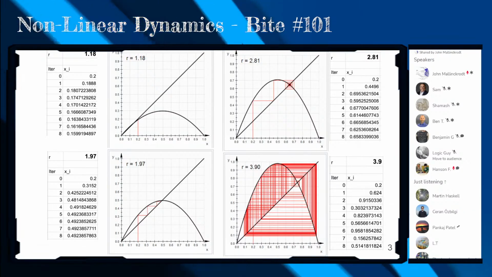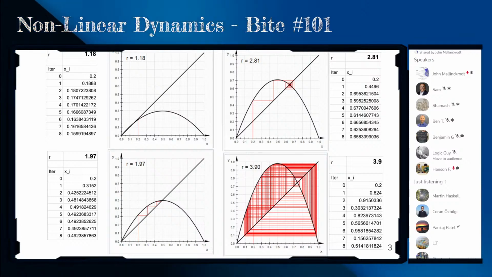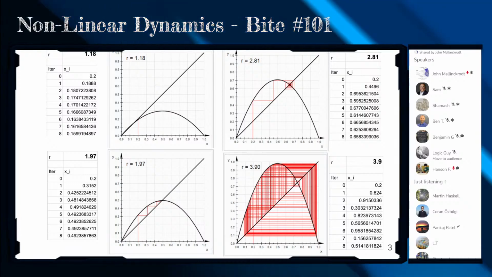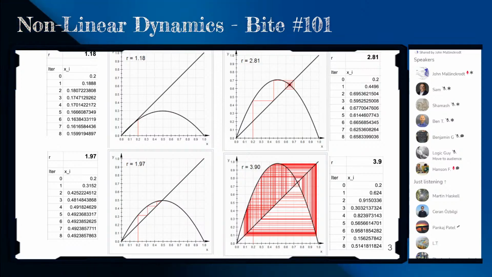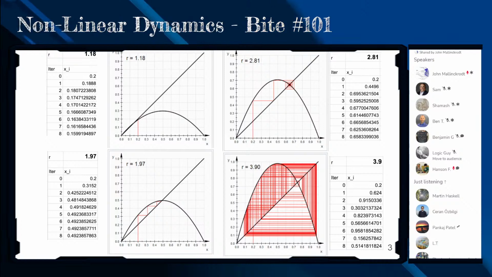But if we think about what happens at other values, let's start with the upper left, r equal 1.18. At a small value of r, in fact, I should have started below that. If you start with a value of r less than 1, then this process of going up to the function, over to y equal x, to the function, to y equal x, simply takes you down to 0.